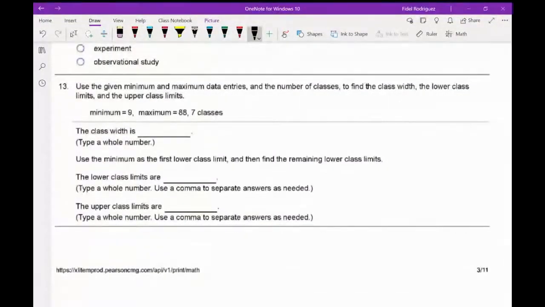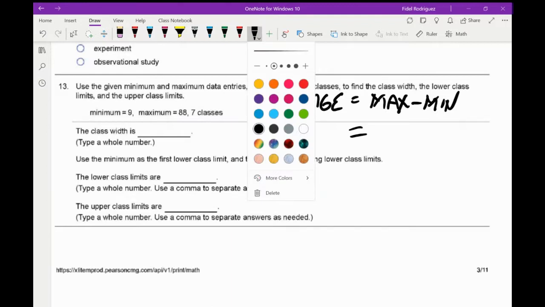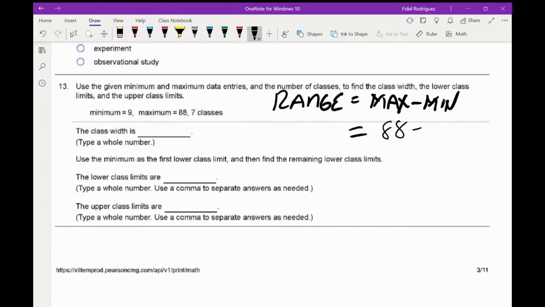First thing we got to do here, guys, is find the range. Remember, the range says we take the max number and subtract the minimum number. My maximum number in this case is 88, and the minimum number is 9.